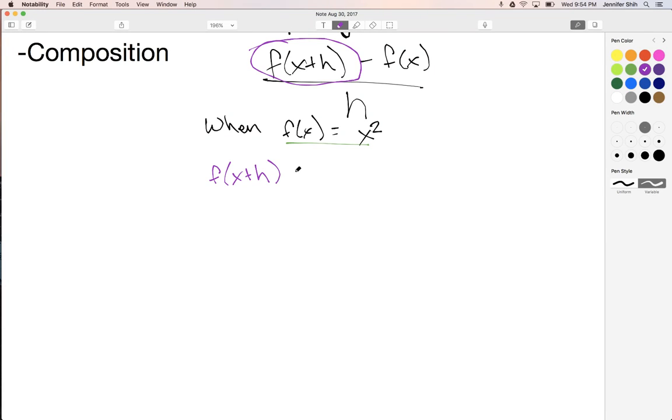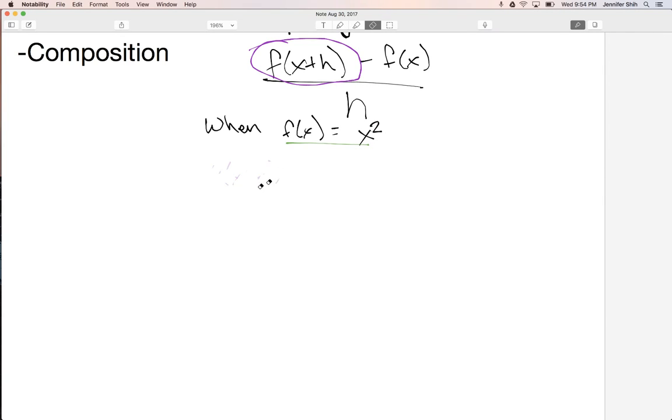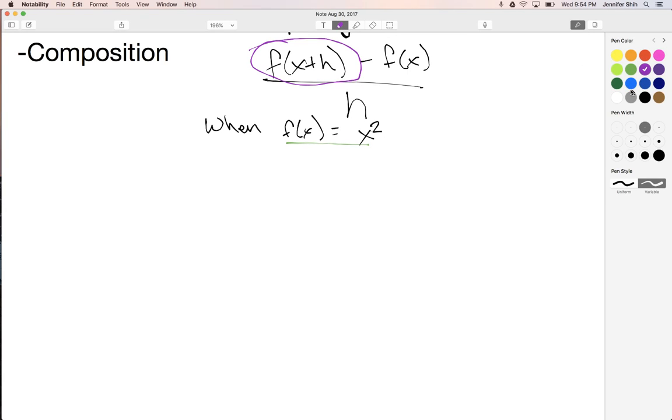What that means is instead of x, you're going to write x plus h. So f of x plus h. You're going to take the original function here. You see how it says x?